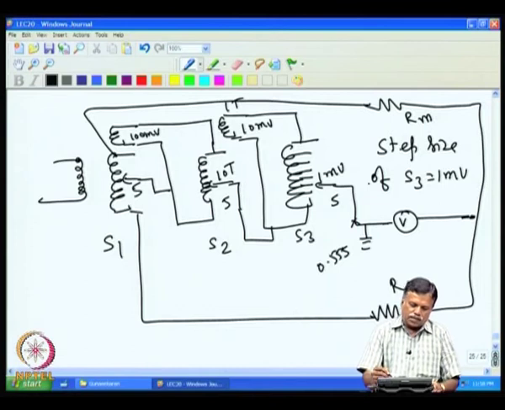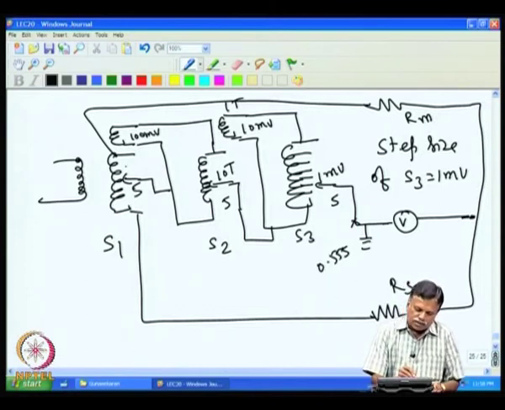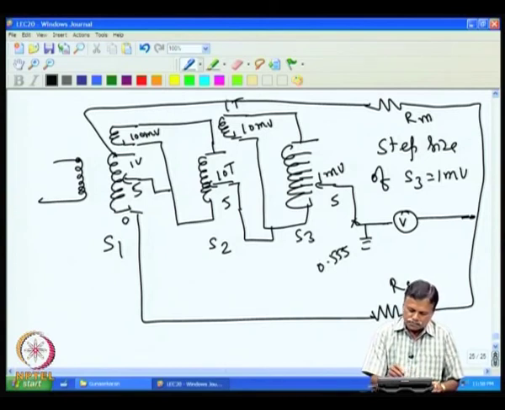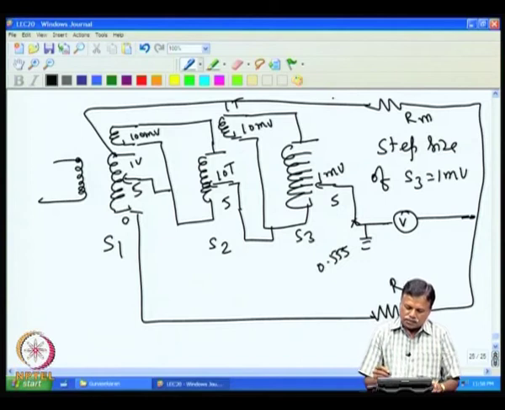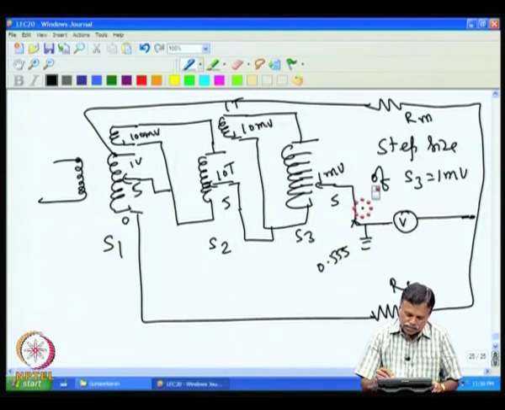Then the voltage at this point will be 0.5. If I take this as 0, this is midpoint 0.5, this is 1 volt. So you have voltage at this point as 0.5, and this as 1 volt.